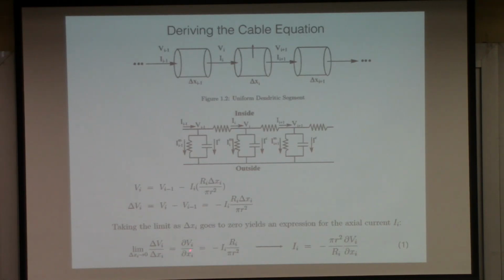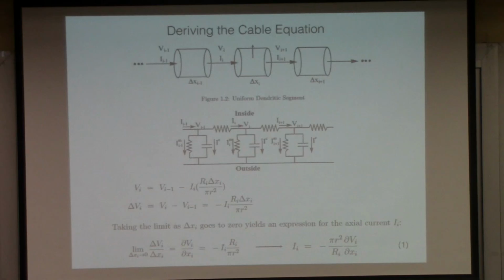So the partial derivative of v with respect to x is just equal to this term here. Multiplying through by this inverse, we get an expression for axial current. This current is proportional to the voltage gradient at that location. It makes intuitive sense. This is just Ohm's law.